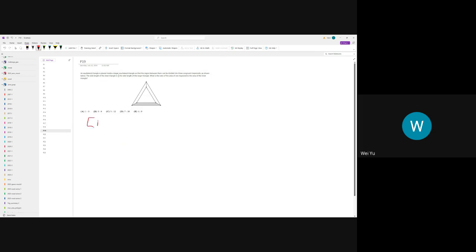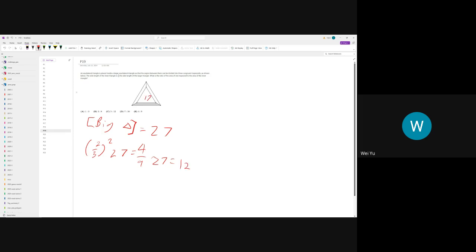So assume the area of the big triangle is equal to 27. So if the side is 2/3, then the area is 2/3 squared of 27, which is 4/9 of 27, which is 12.